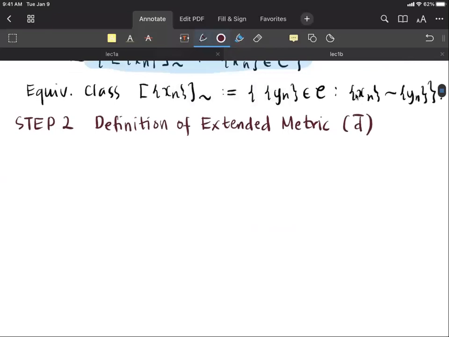Okay, so consider a function d bar from x bar cross x bar into R as follows.